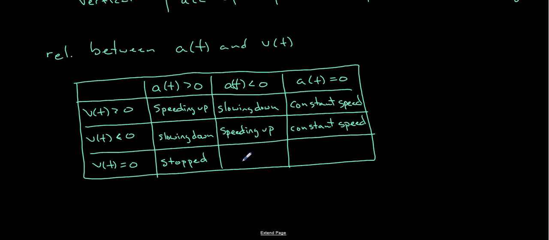Are you moving? You're stopped. Acceleration is negative. There's gravity acting upon you, the acceleration due to gravity. You're not moving because your velocity is 0. And velocity 0, acceleration 0? Constantly stopped. Still stopped.